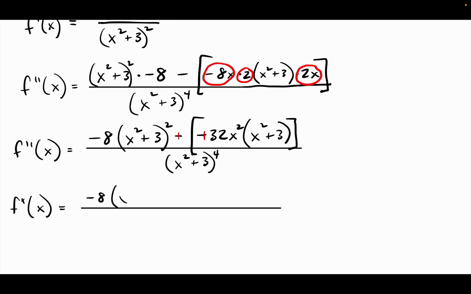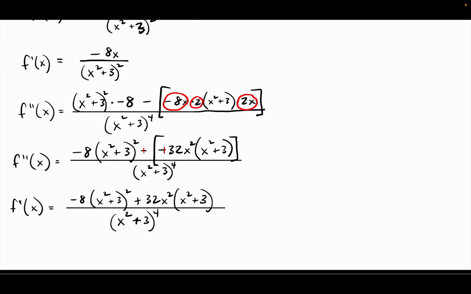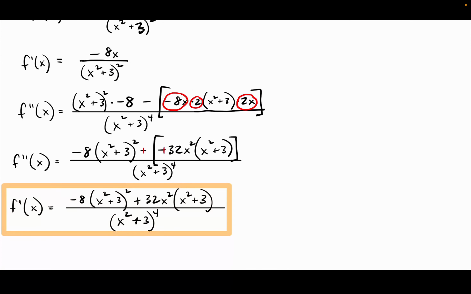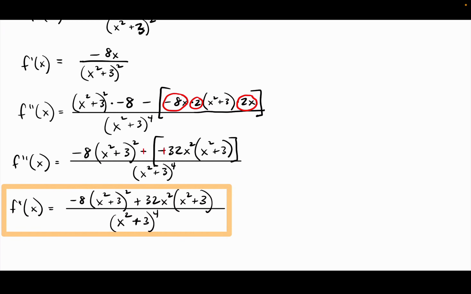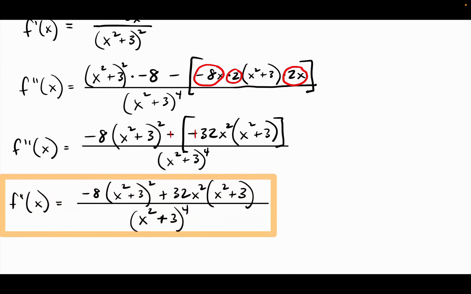Negative 8 times x squared plus 3 squared plus 32x squared times x squared plus 3. Bottom stays the same. Okay, so that's the second derivative. We're going to do that in a second. For right now, I just want to stop there. That's the second derivative. What do we do with the second derivative?